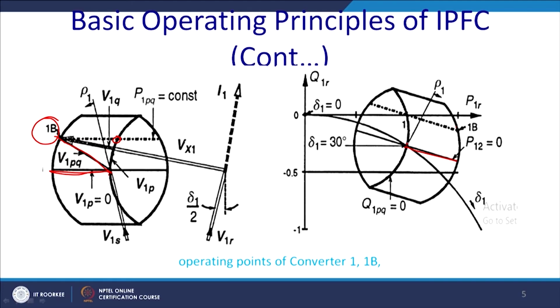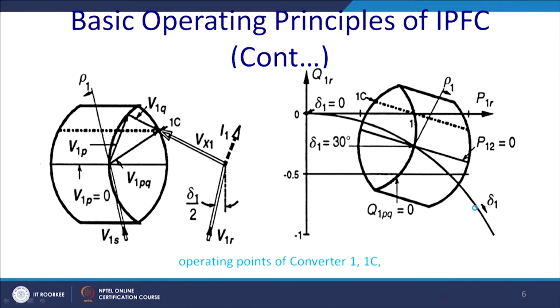So, this point, which was originally the uncompensated line, was operating here, and it has been shifted with the voltage of PQ. See what is the amount of real power actually exchanged between these 2 points, and the same way this is the line delta.